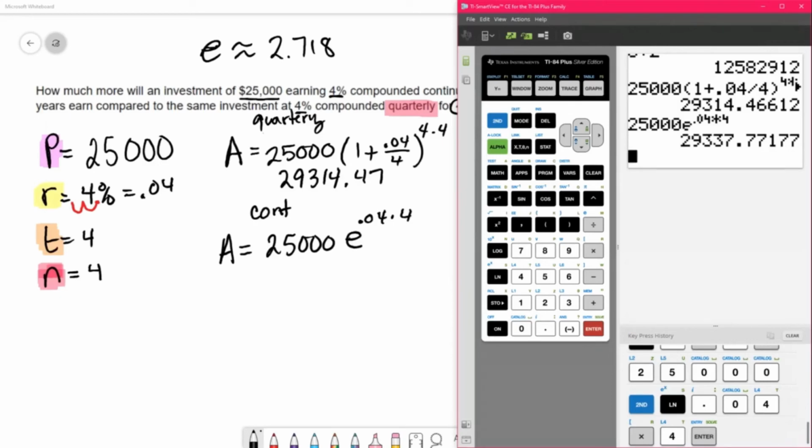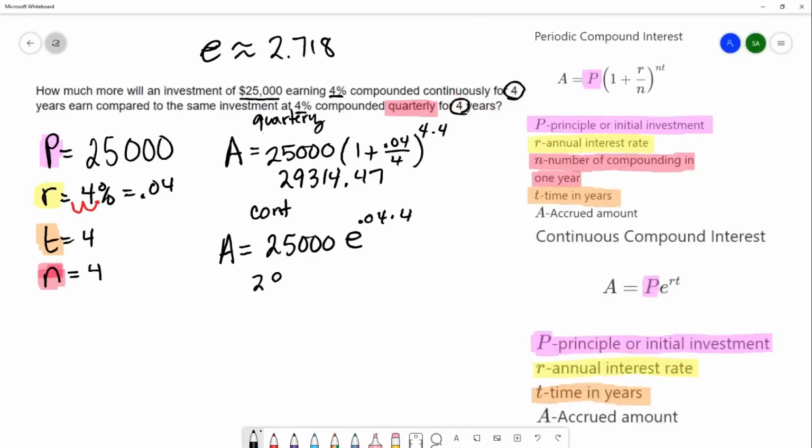So $29,337.77. You can see that the investment that is compounded continuously earned more money.